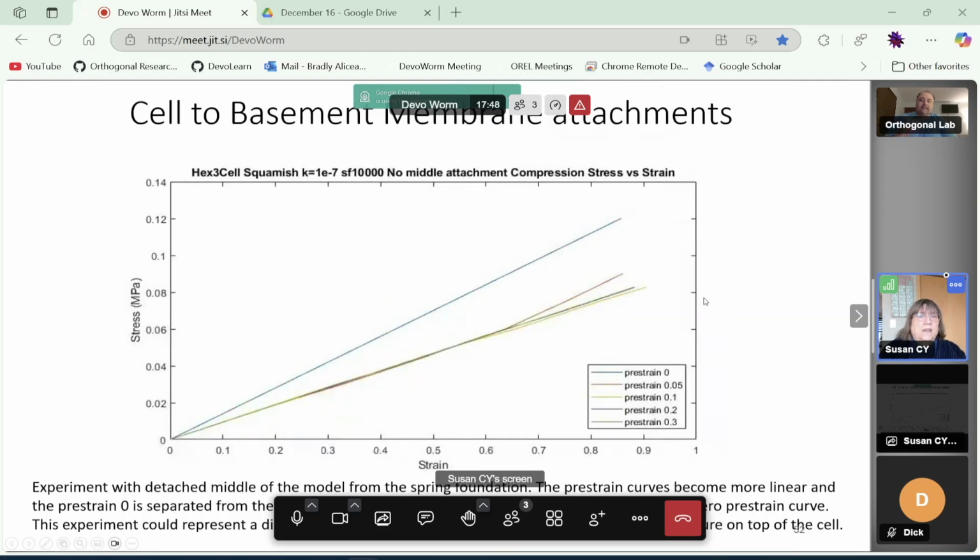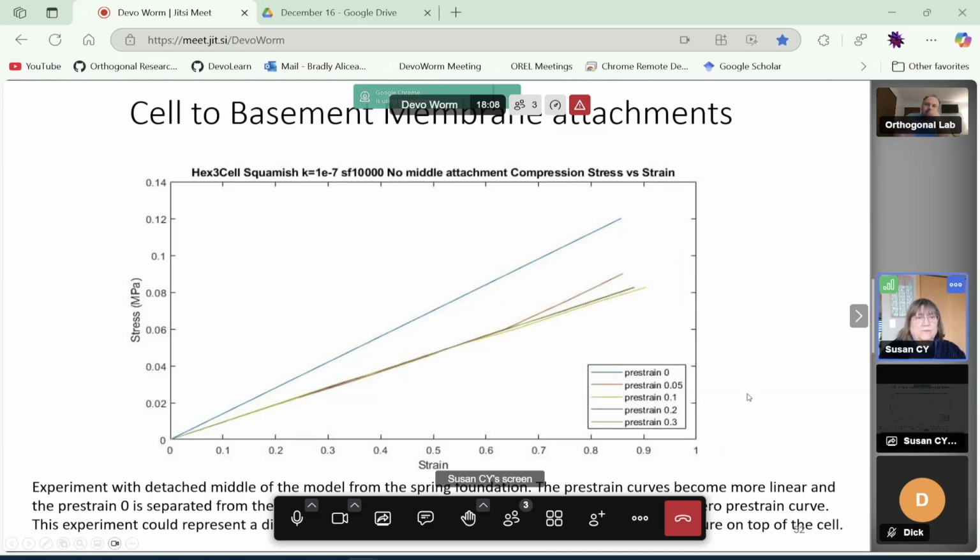So I removed the middle spring attachment to the base of the model, and tried this with the squamous model, and the curves basically collapsed and became very nonlinear here.